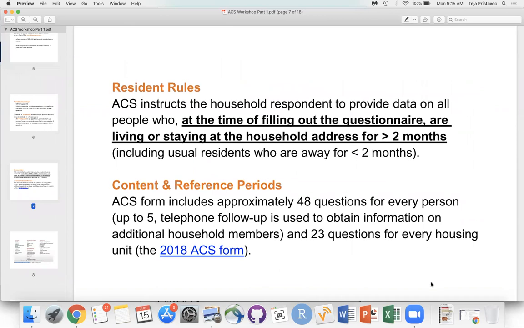One important note on who responds to this survey is that it captures people who are living or staying at that household address for more than 2 months out of the year. So if you have a soldier who's been deployed for a very long time, that person might not get captured.